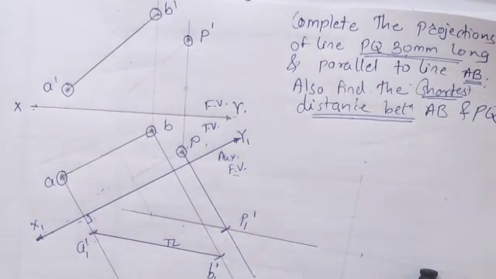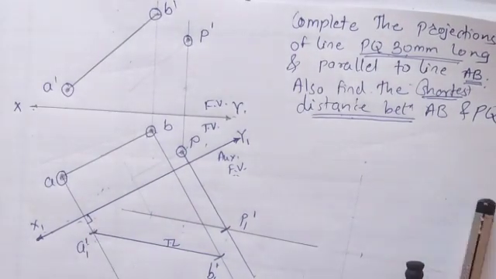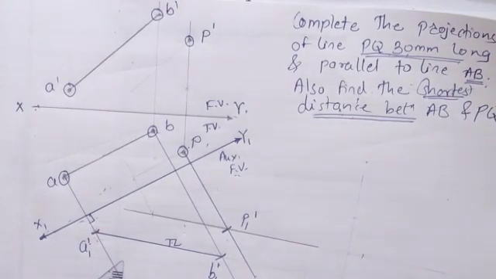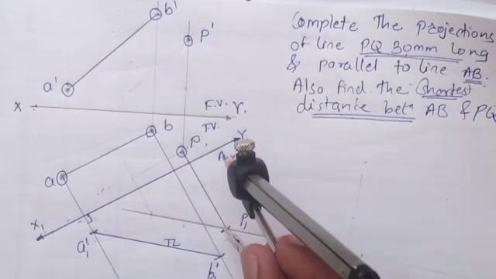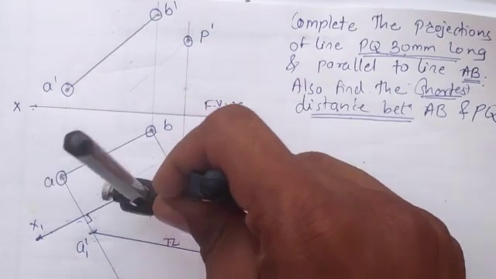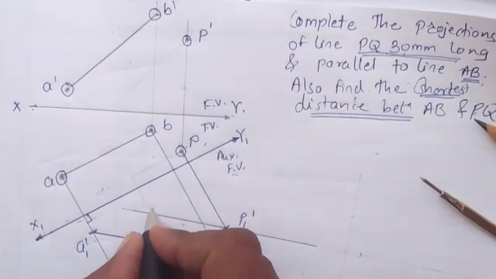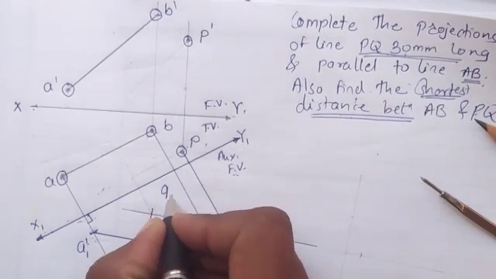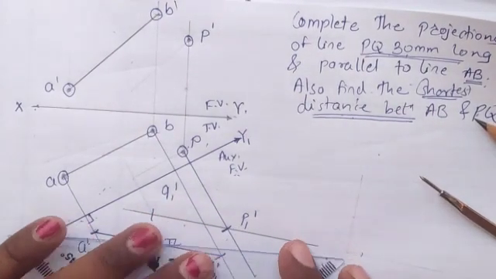Now we need to mark the true length of line PQ, which is 30 mm. So take 30 mm in the compass. Keep the compass point here and mark the arc. So here you will get Q1 dash.